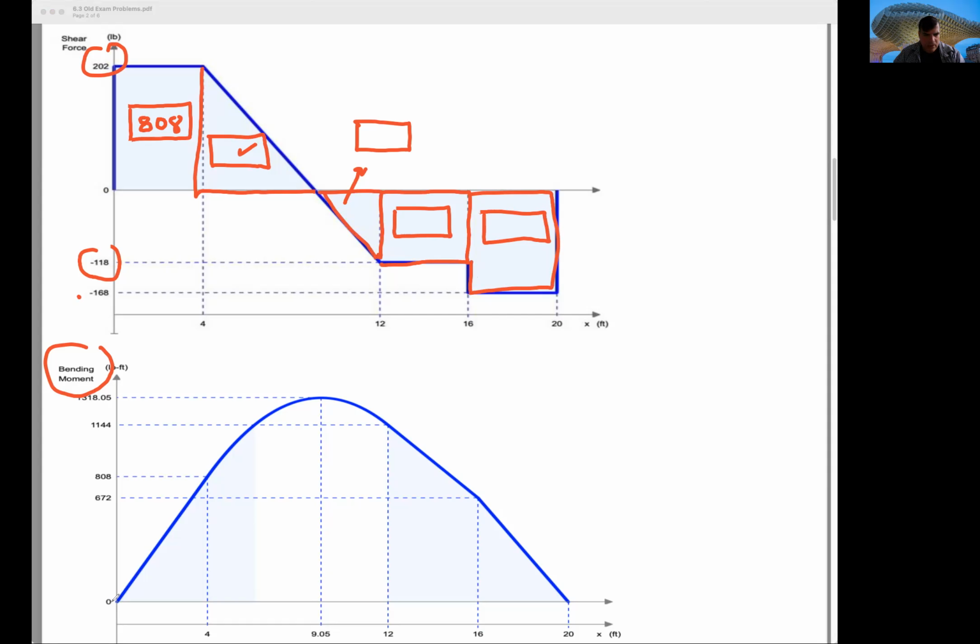I start with 808, and I make this a perfectly straight line, perfectly straight. Well, let's do it. I take a straight line and I go from 0 to 808.